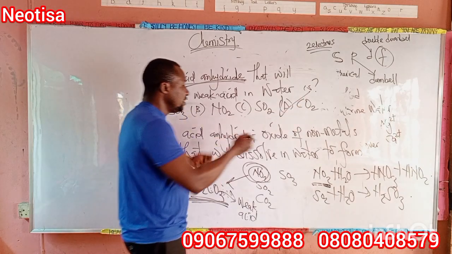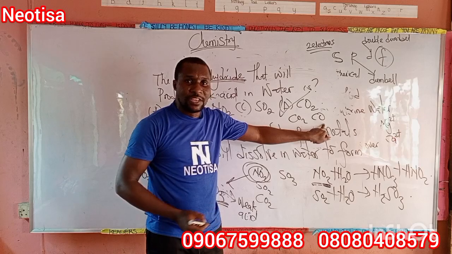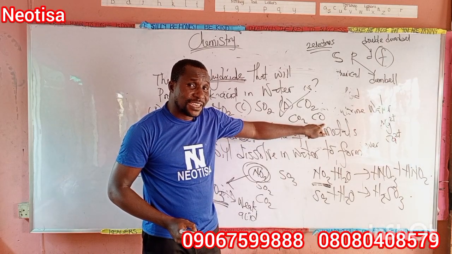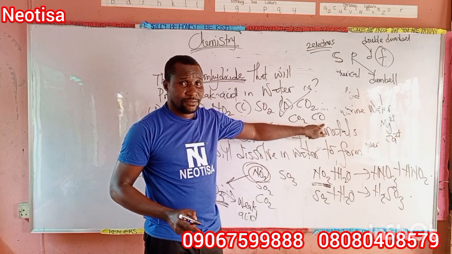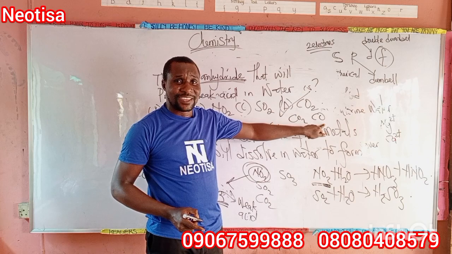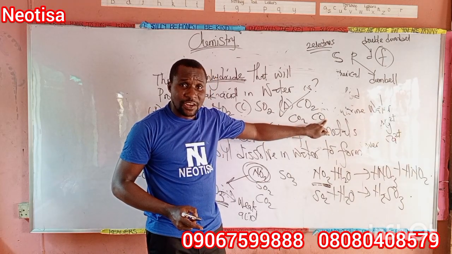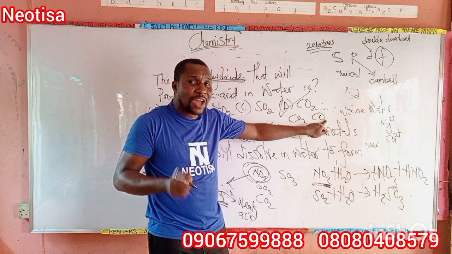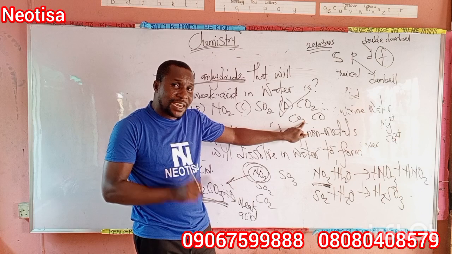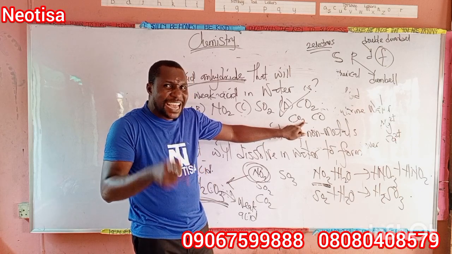Take note. CO2 is an acid anhydride, but CO, carbon monoxide, or carbon(II) oxide, is an example of a neutral oxide. When we get to that topic, you will understand better. It's a topic on its own. CO, carbon(II) oxide, is a neutral oxide, while CO2, carbon(IV) oxide, is an acidic oxide, or acid anhydride.